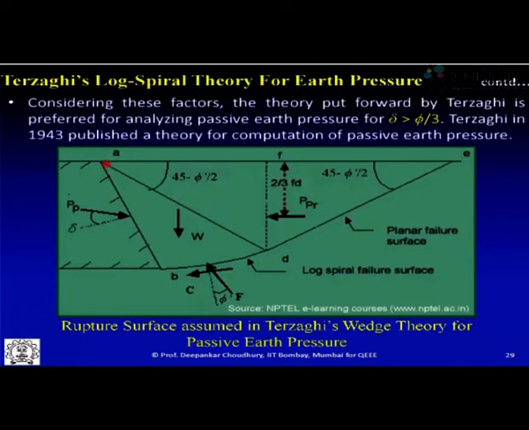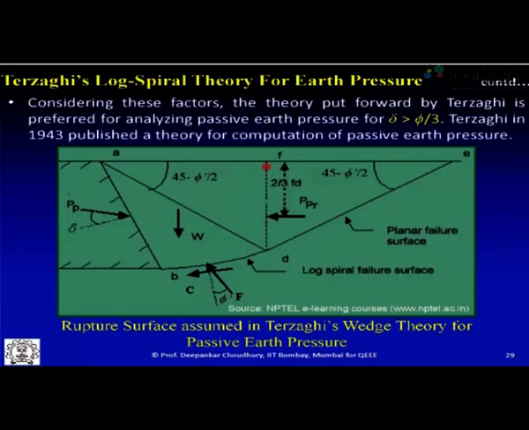You can see over here, A, B, D, E is the total failure zone, and within that you can take an imaginary retaining wall, drawing a vertical from this point D where your log spiral ends and your planar failure surface starts. So draw a vertical line here which gives you the point F on the ground surface. This DF is nothing but an imaginary retaining wall which is in the state of Rankine earth pressure.